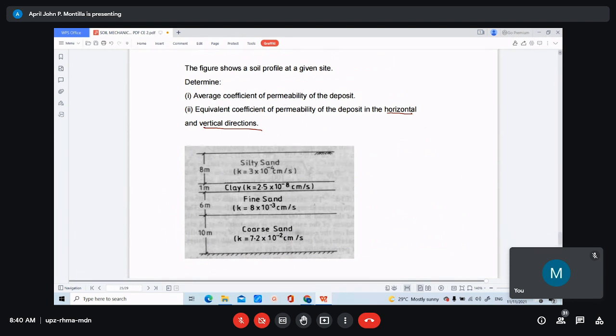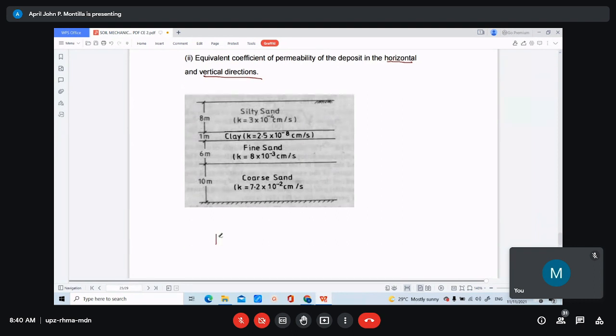So, first one, the average. When we say average, you know it is the total divided by the number of layers. So for the average hydraulic conductivity, you just sum up the K values divided by the number of layers, like computing a mean.